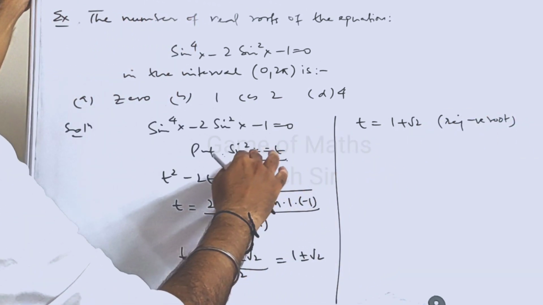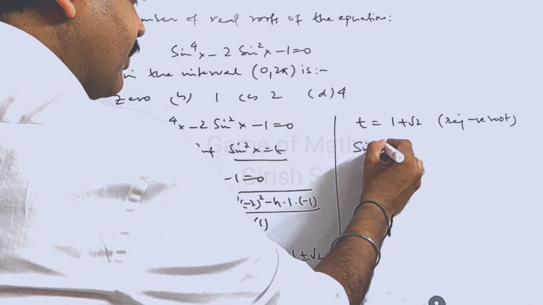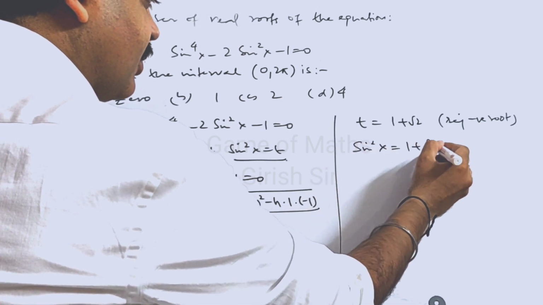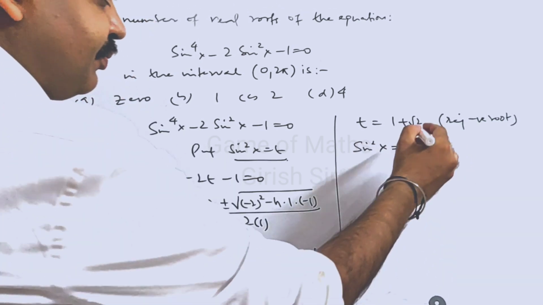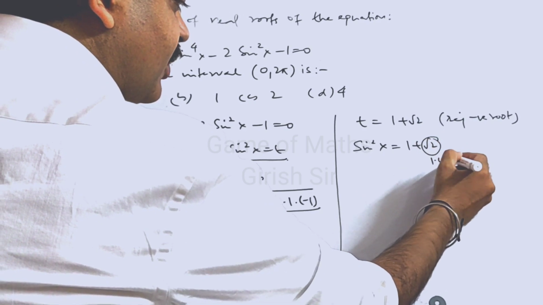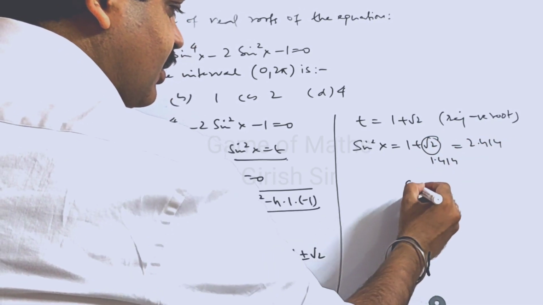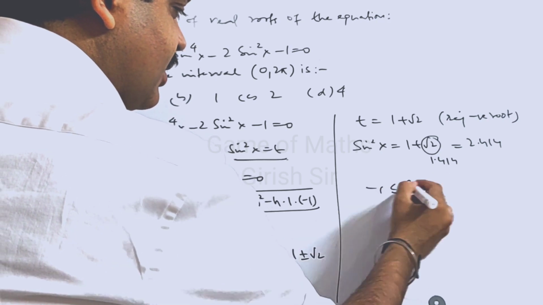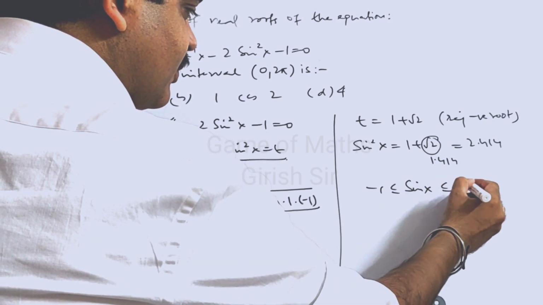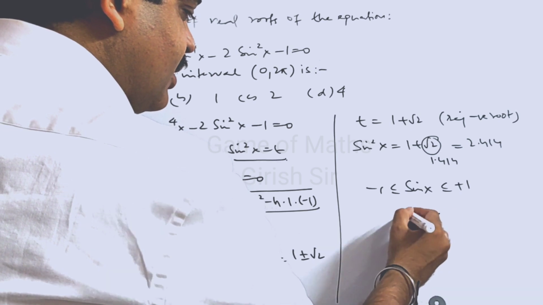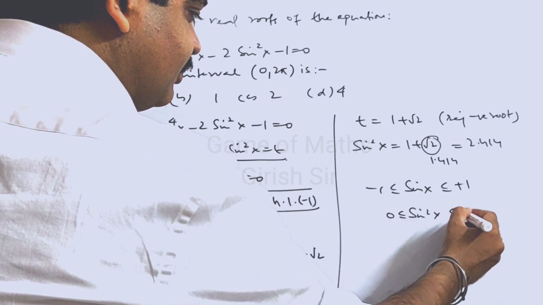Now put back the value of t. T is sin square x, so we get sin square x equal to 1 plus root 2. Root 2, if you know, is 1.414, so sin square x is equal to 2.414. Now the value of sin x lies from minus 1 to plus 1, so sin square x in any case must vary from 0 to 1.